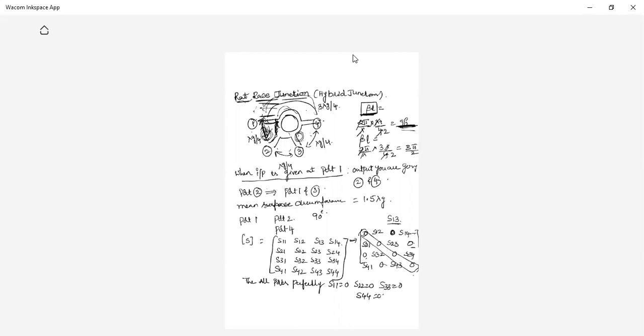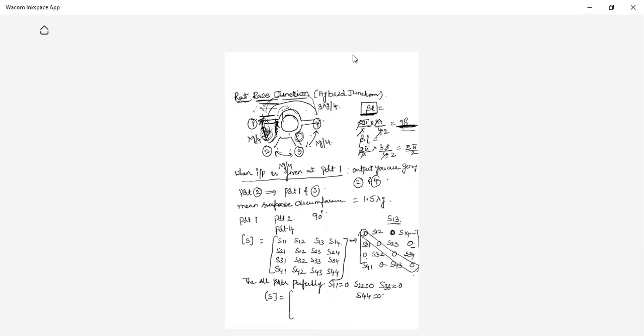To differentiate this, one is coming in the clockwise direction, another in the anti-clockwise direction.